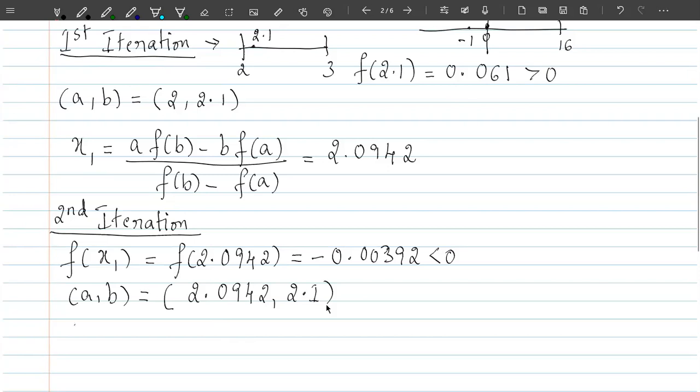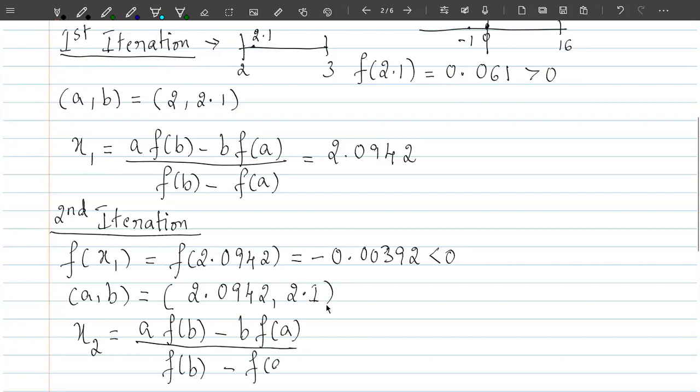So from this, I can calculate the value of x2. Same formula is used, a into f of b minus b into f of a divided by f of b minus f of a. But now the values of a and b will be different. So when you calculate that, the second iteration value is 2.09455.